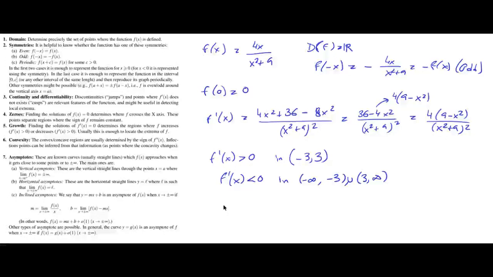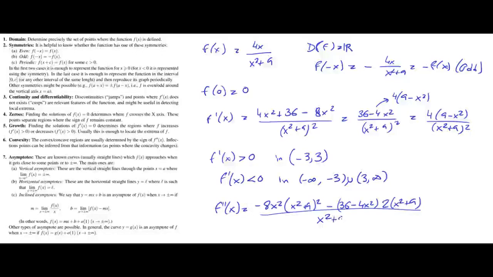Now what happens with the concavity? We can compute the second derivative, using this formula: the numerator is -8x(x² + 9)² minus (36 - 4x²) times 2(x² + 9) times 2x, all divided by (x² + 9)^4.